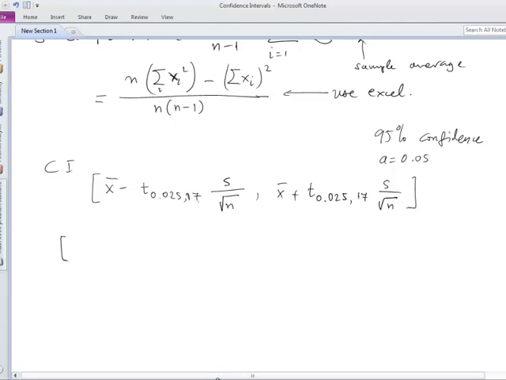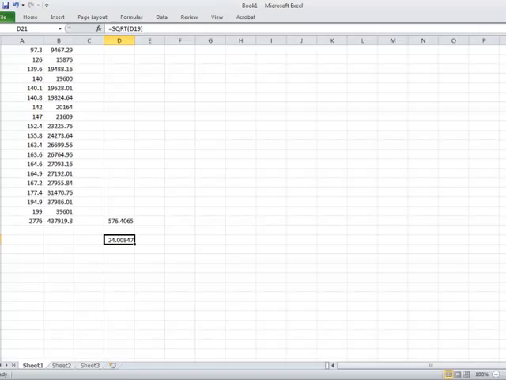So let's see the interval. As we mentioned before, we now need the sample average. The sample average would be the sum, 2776, divided by 18. So let's calculate it here.